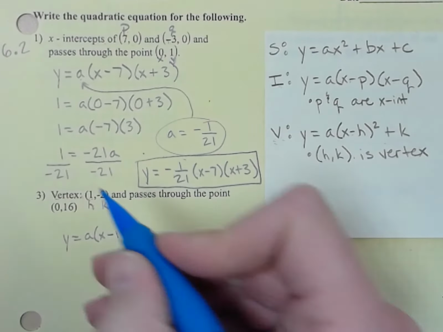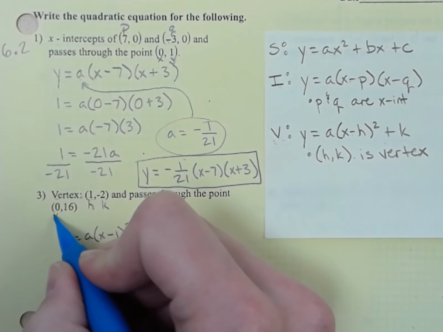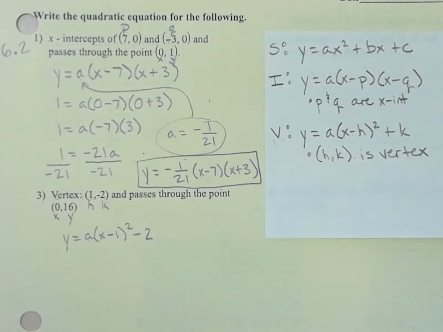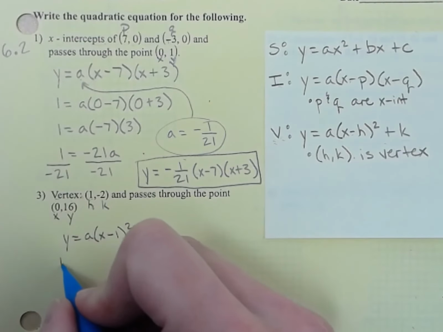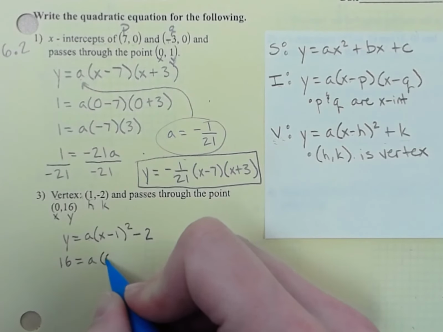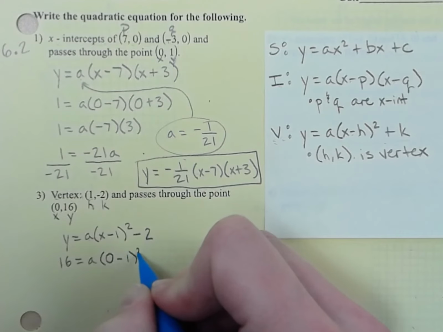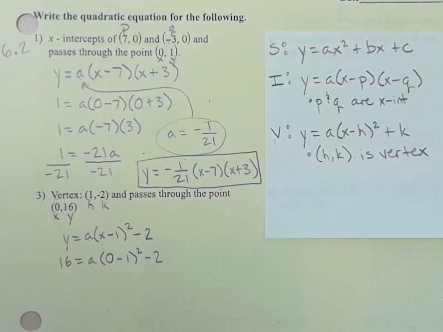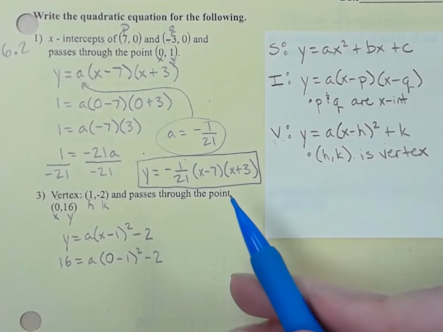And just like we did with the one above, to solve for a, I'm going to use this other point that they gave me as x and y. So I know y, which is 16, equals a times x, which we see is 0, minus 1 squared, minus 2. Here's what I would suggest doing.